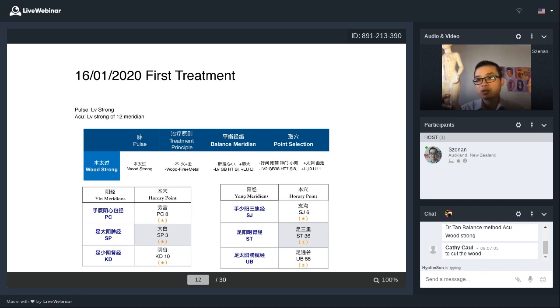Magical 12 is one of the global balance strategies in Dr. Tan's balance method. In the global balance method, we treat the 6 meridians and all the foot meridians up to here, apart from the bladder meridian, but she actually had back pain as well. So this involves all 12 meridians, so we treat all 12 meridians.